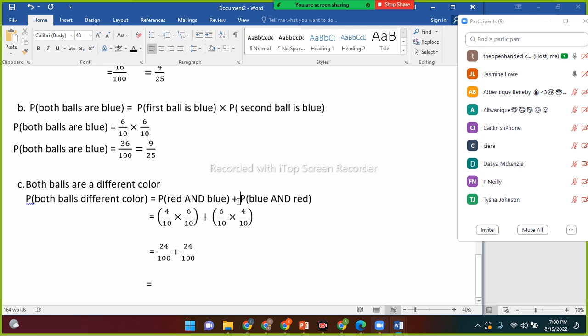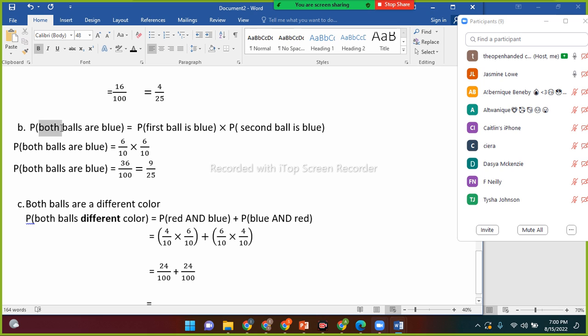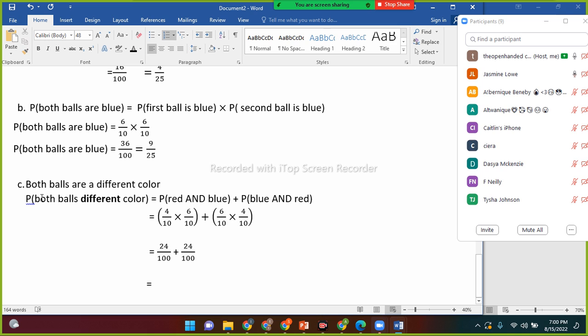Remember, this is the question where both of them are different. If both of them are the same, then we could use the multiplication rule and say the first ball is blue and the second ball is blue. But for this one, both balls are different, so that could happen two ways, which means we have two options.